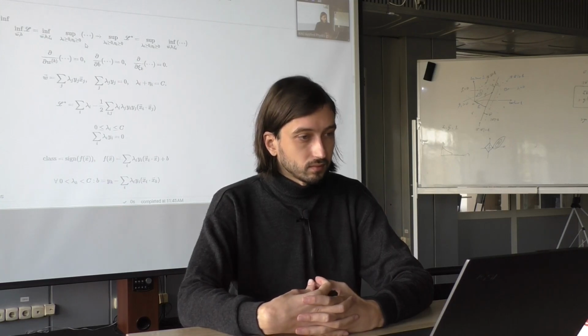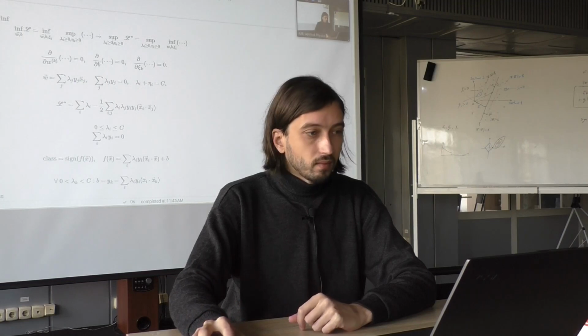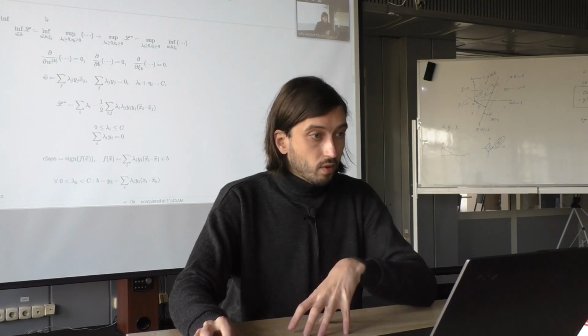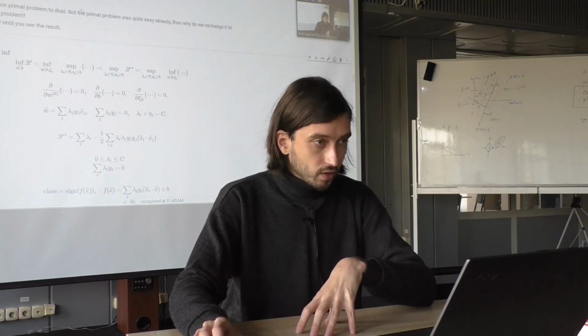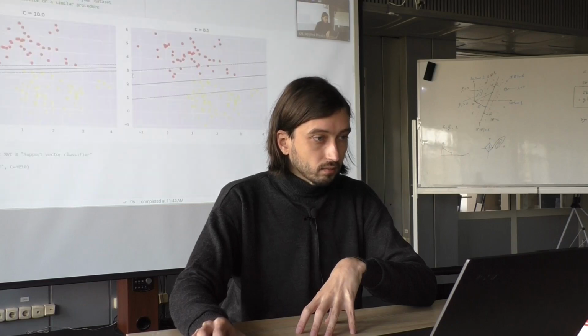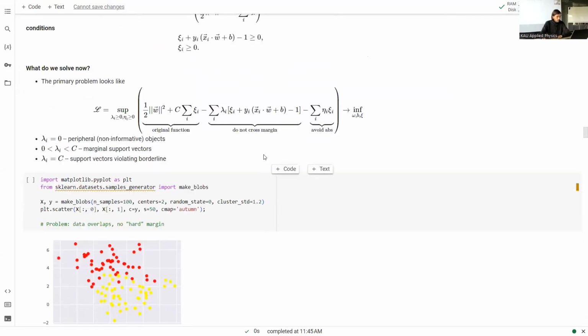Recall that in the primal problem, I had some sort of expression. So here's my Lagrangian. You see that this Lagrangian is supremum with respect to dual parameters, lambda i and eta i.